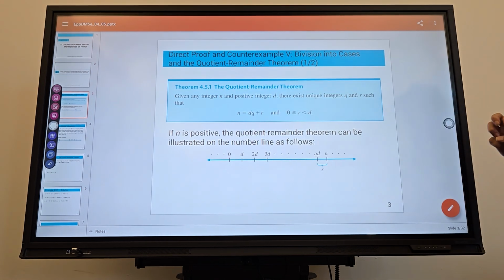Now, it's going to start with the quotient remainder theorem. Given any integer n and positive integer d, there exist unique integers q and r such that n equals dq plus r, and r is greater than or equal to 0 but less than d.